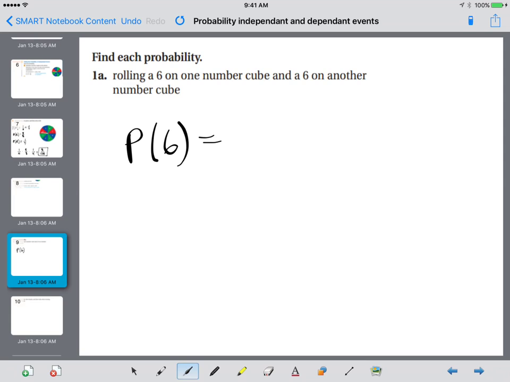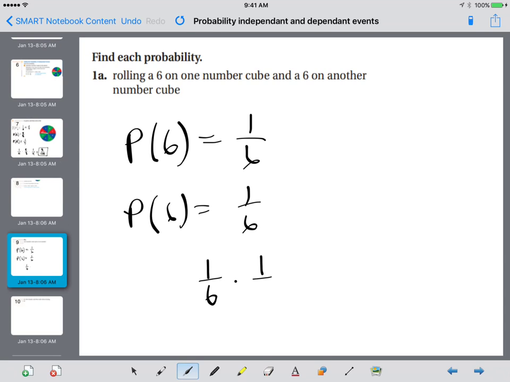So the probability of rolling a 6 on a number cube is there's a 1 in 6 chance. The probability of rolling a 6 on another number cube is 1 out of 6. So the probability of taking both of those number cubes, rolling a 6, event A times event B, 1 out of 6 times 1 out of 6 would be a 1 out of 36.